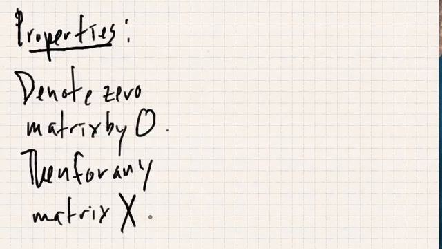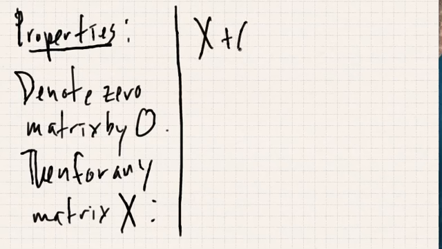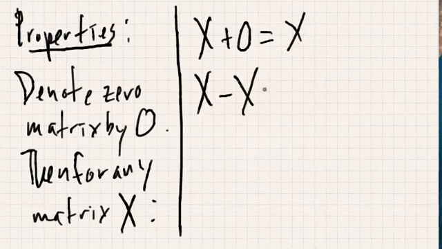Let's write X. For some reason I like that as a name for a matrix. X plus 0 is equal to X. X minus X is equal to 0. Okay, that's what we really expect. So, hooray, 0 matrix.